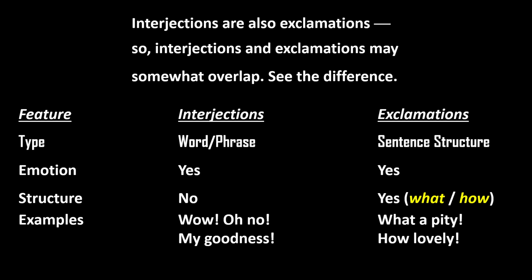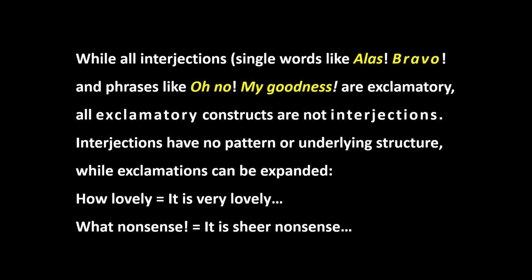So the differences between interjections and exclamations are tabulated here. While all interjections, single words like alas and phrases like oh no, my goodness, are exclamatory, all exclamatory constructs are not interjections.